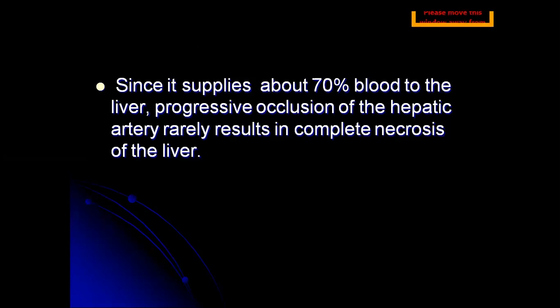It is still receiving blood supply, oxygenated blood about 70%. So that's the reason even progressive occlusion of the hepatic artery usually doesn't result in complete necrosis of the liver.